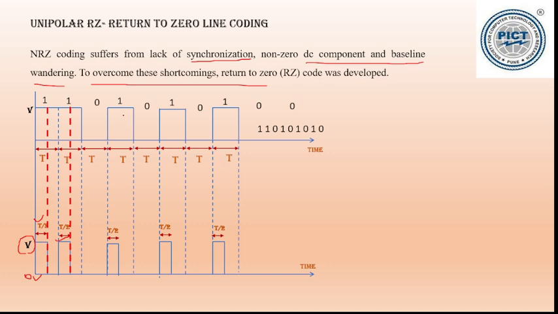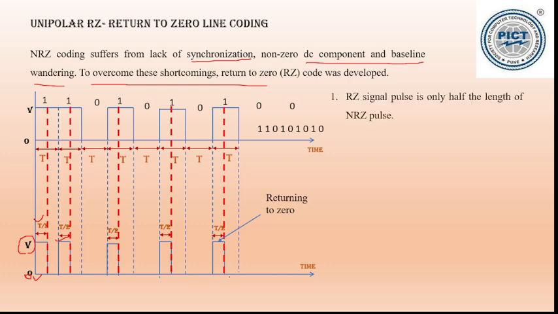These propagation lines are shown here to understand that every 1 bit is returned to 0 for t by 2 period of time. So this is what is return to 0. This is the 0 level, and the rest of the values, that is zeros, are remaining at the same level, that is 0.